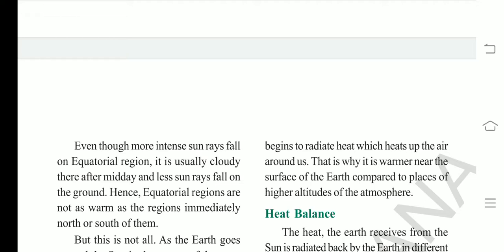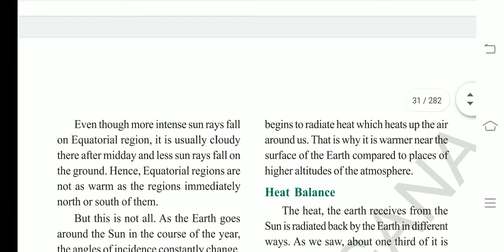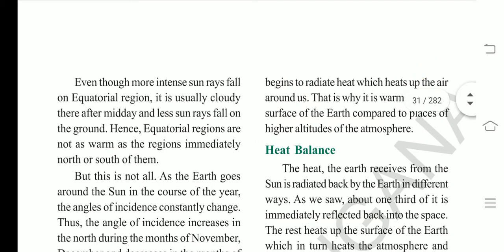Even though more intense sun rays fall on the equatorial region, it is usually cloudy after midday, right? And equatorial regions are not as warm as the regions immediately north or south of them.